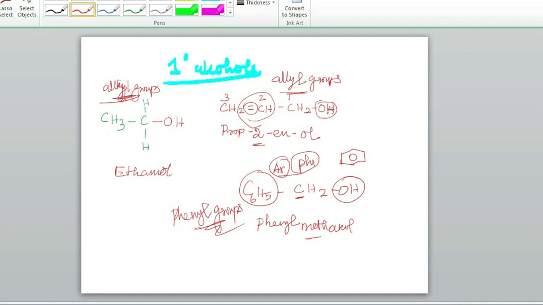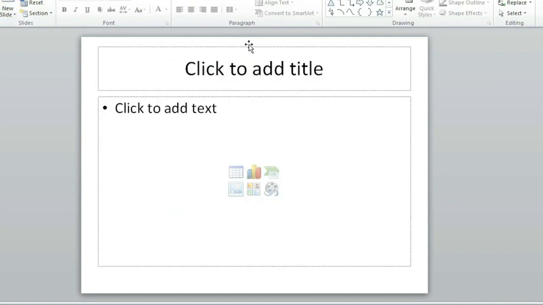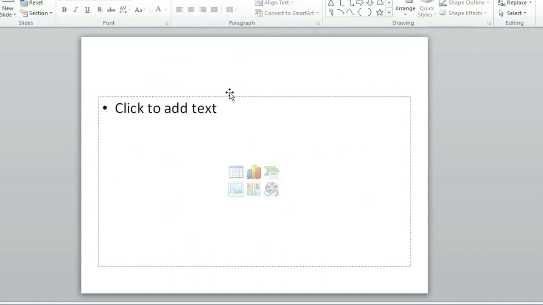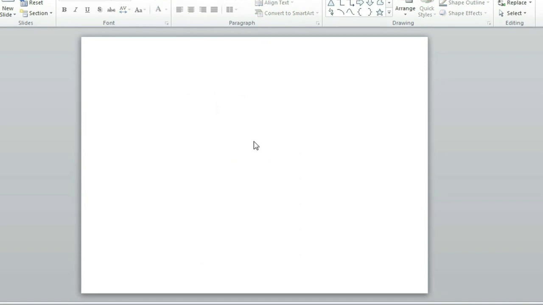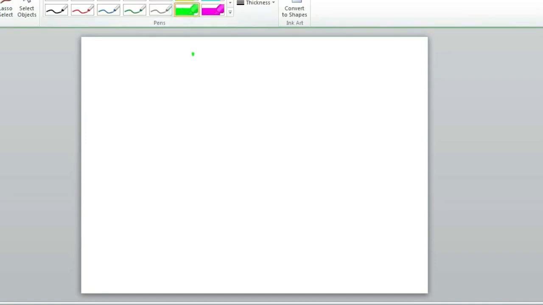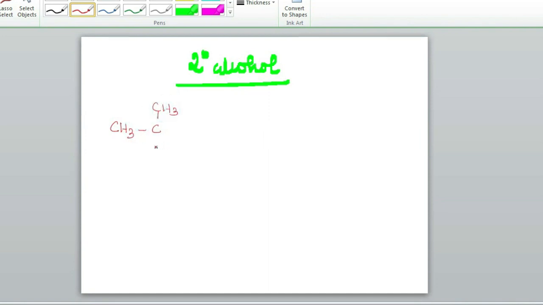Next we are going to see the secondary alcohol. What is secondary alcohol? You can see CH3, then CH with the OH group connected, then CH3.